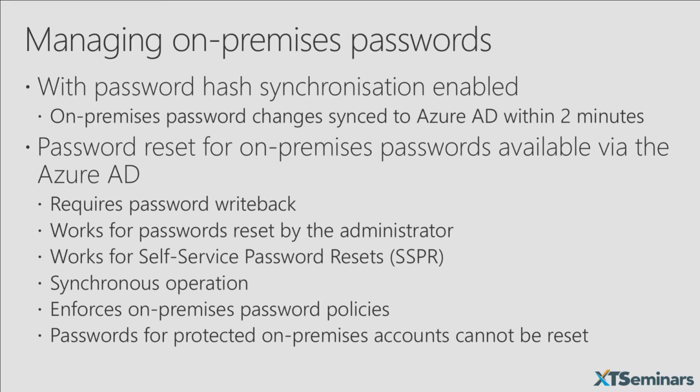The other thing to be careful about, if you put a user into your domain admins group, you will become protected. And what a lot of people are doing, of course, is reducing the number of administrators, so they're pulling them out of domain admins. But guess what happens to the admin count value? It doesn't get cleared down. So now you've got a whole bunch of protected users who aren't administrators, and they can't change their passwords in the cloud. So you need to go and set that admin count value back to 0.